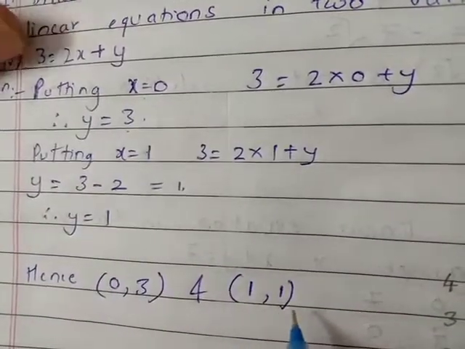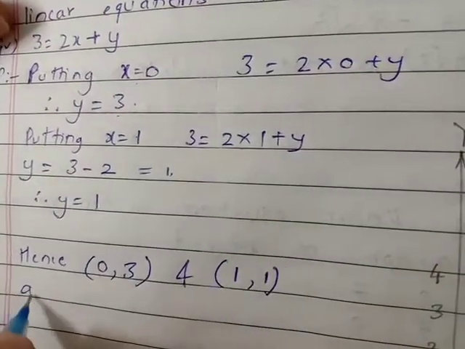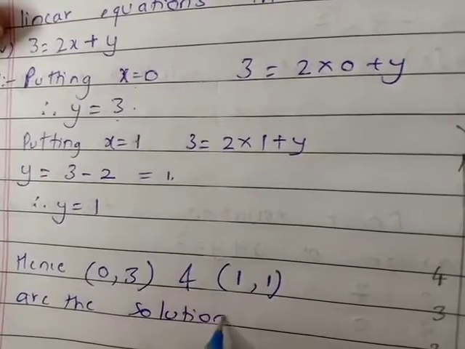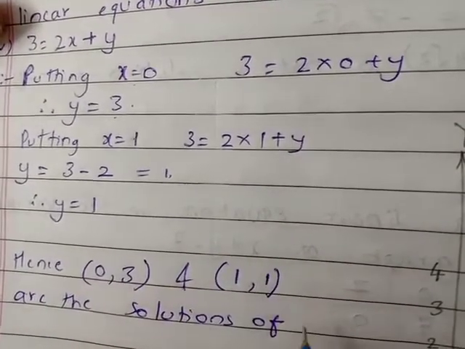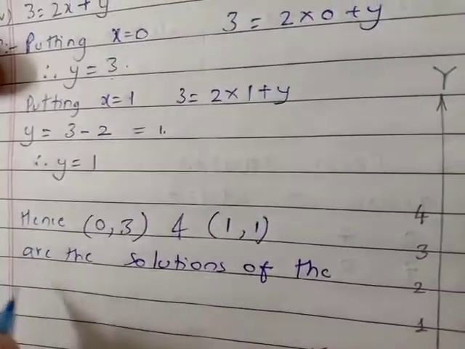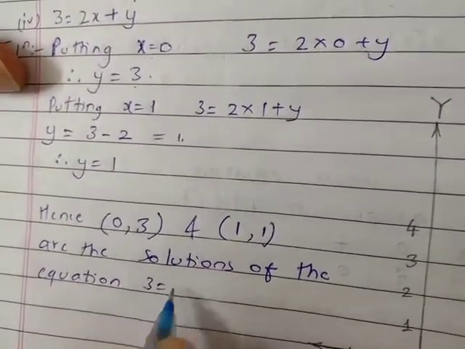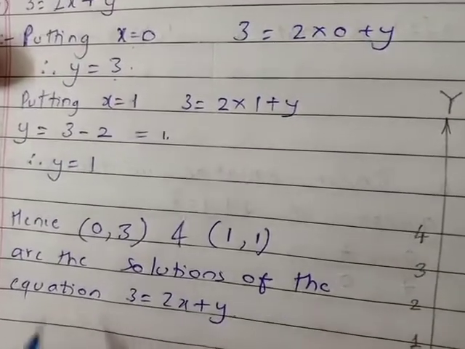So 0 comma 3 and 1 comma 1 are the solutions of the equation 3 equal to 2x plus y.